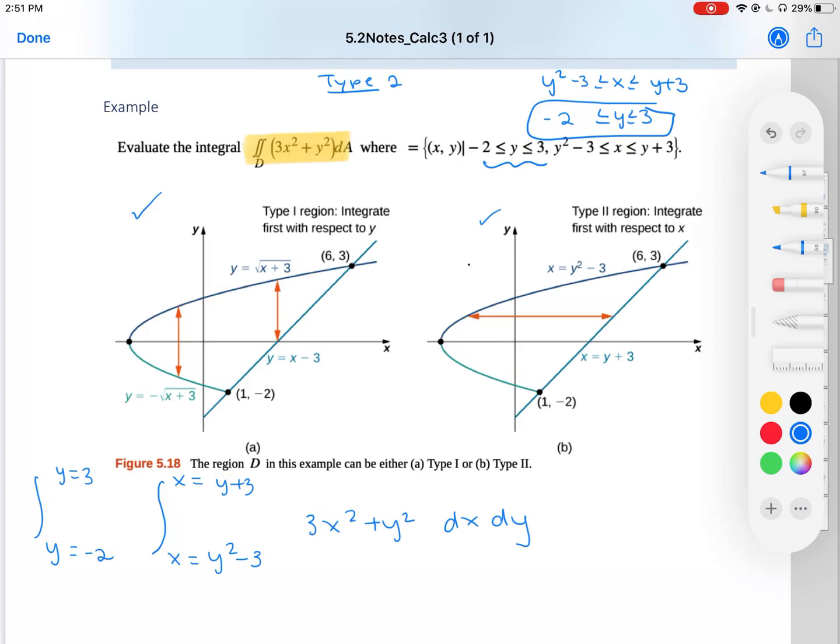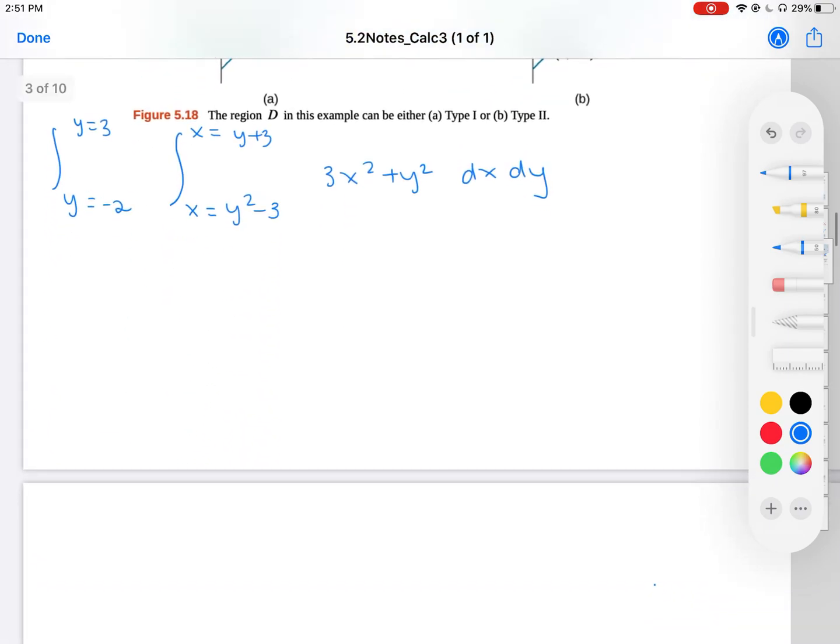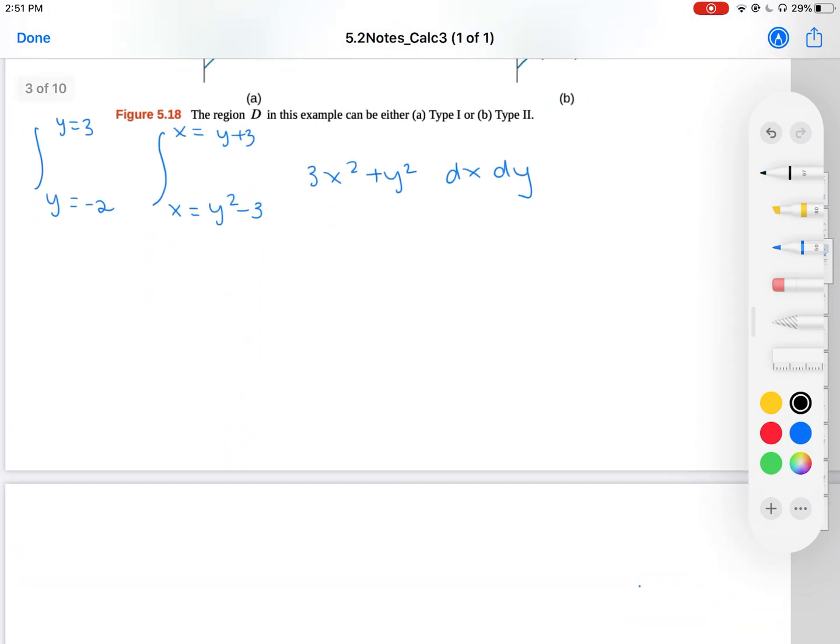Now, I'll skip through a lot of the work of integration for the sake of making the video not too lengthy. All right, so let's first integrate in terms of our x. So this means that, well, let me write this down. We're integrating for x. So recall that y isn't a constant.